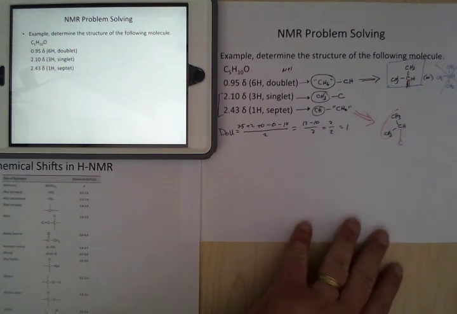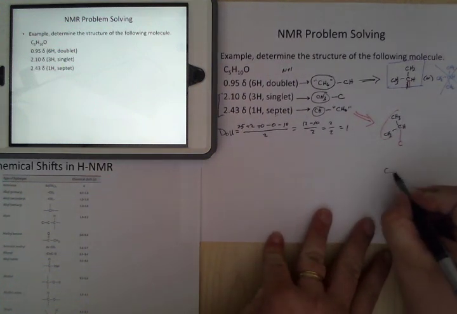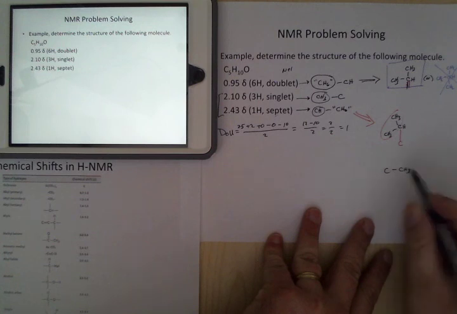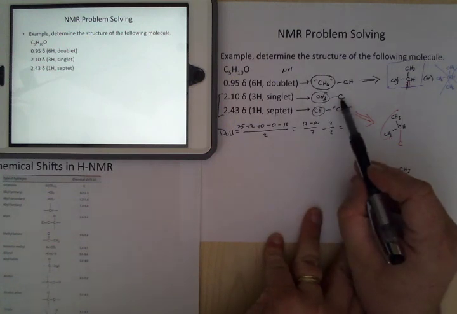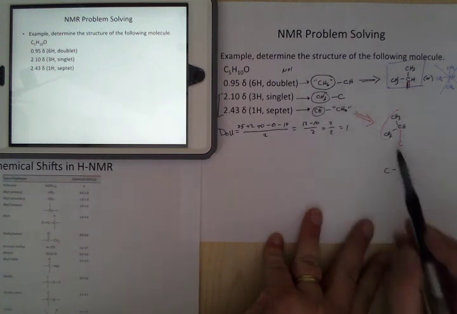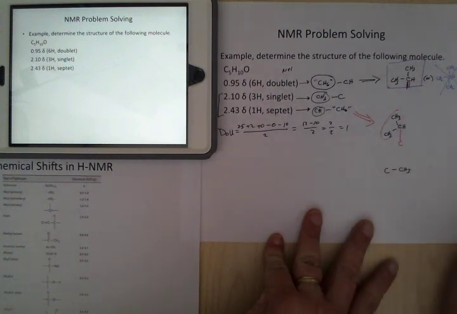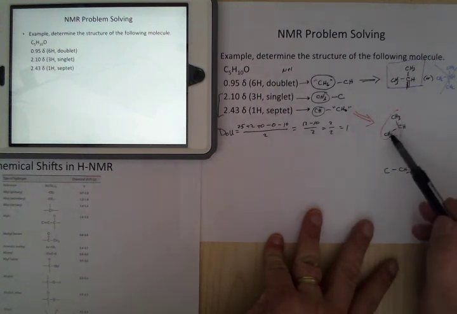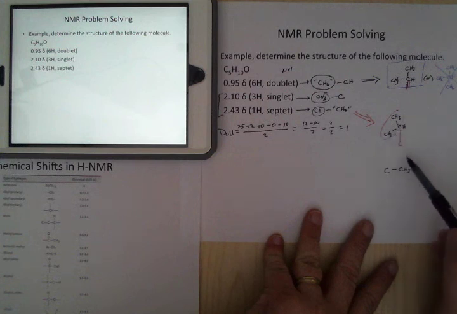But then we also know that we have this component here, a CH3 next to just a carbon with no hydrogens on it. And so, aha, here we go. 1, 2, 3, 4.